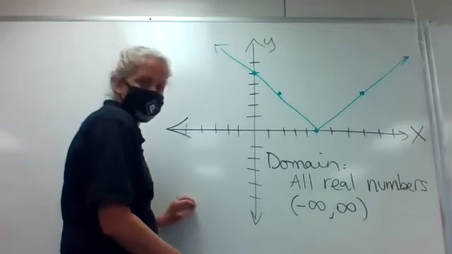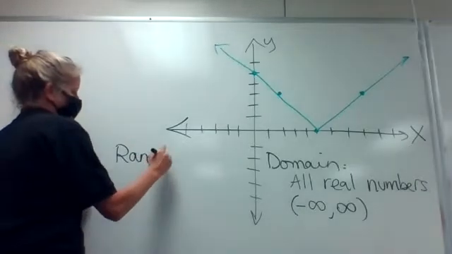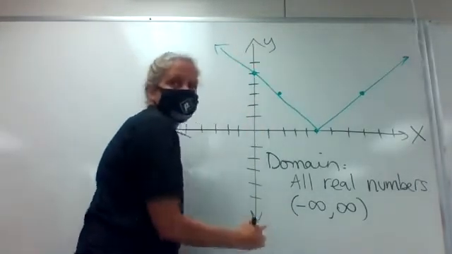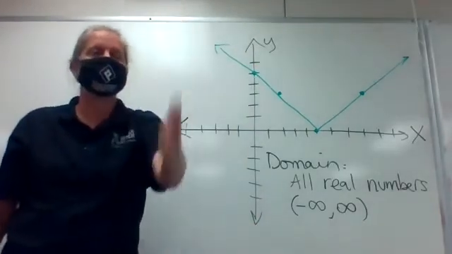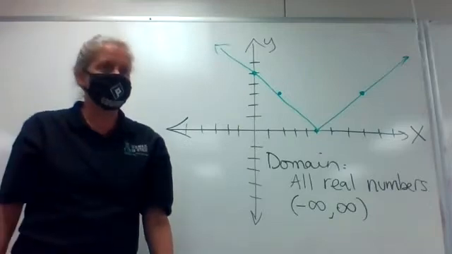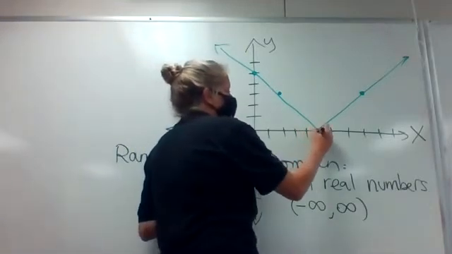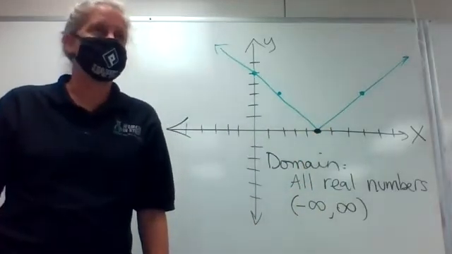Now, your range is talking about how far up and down this goes. Because your range is your y values. I can see from this graph, this right here is the lowest point it's ever going to be, isn't it?